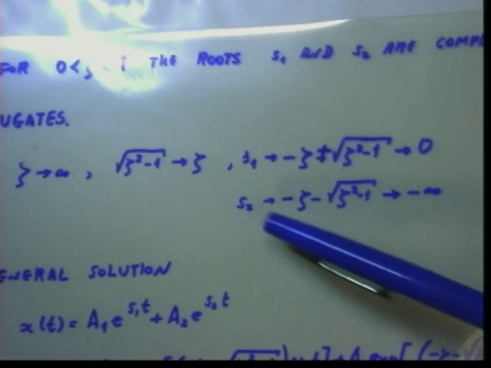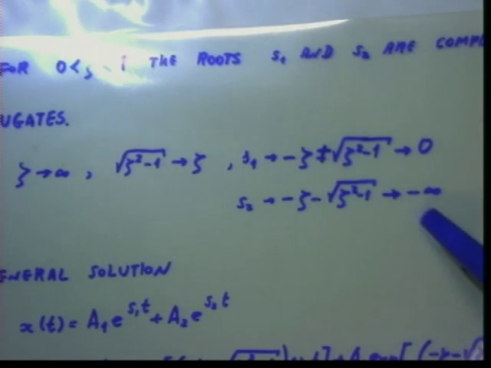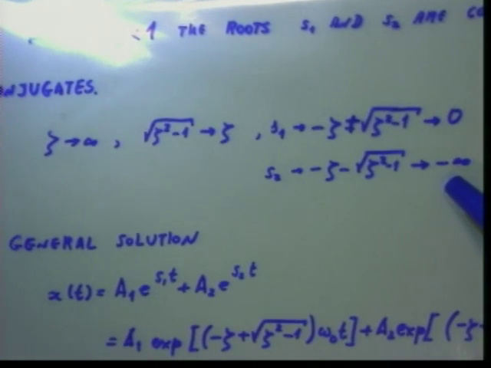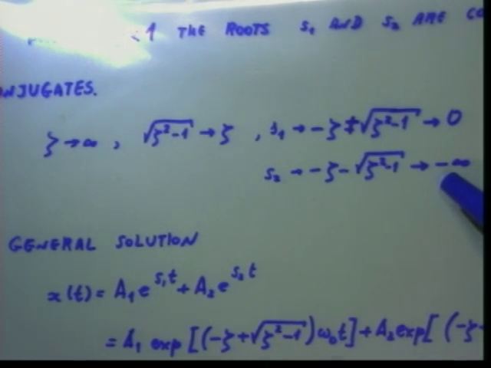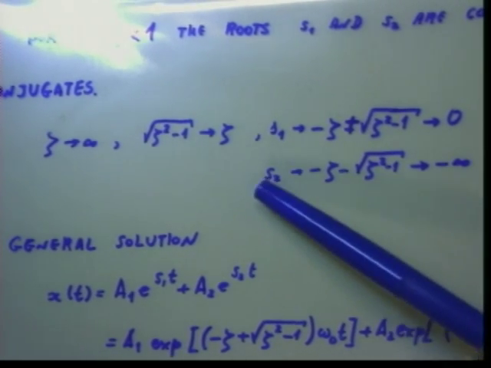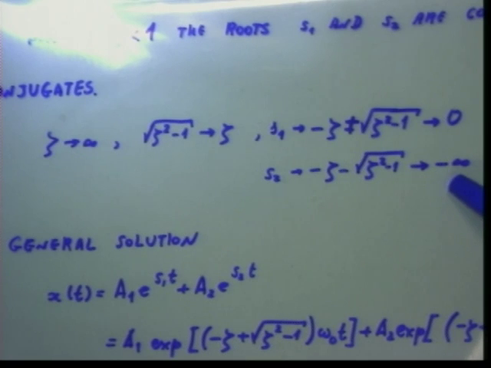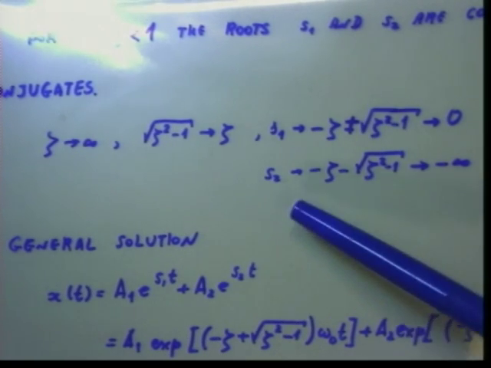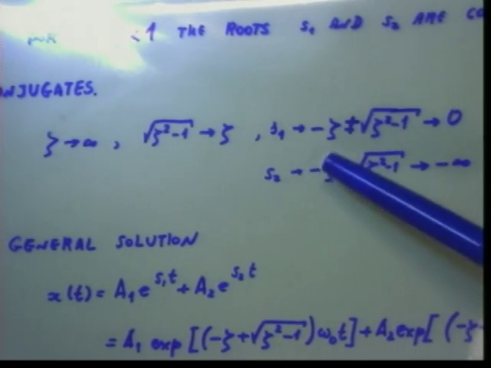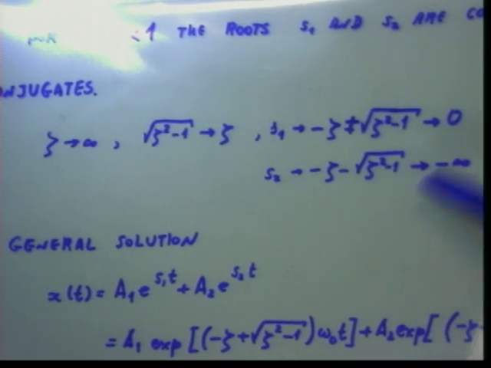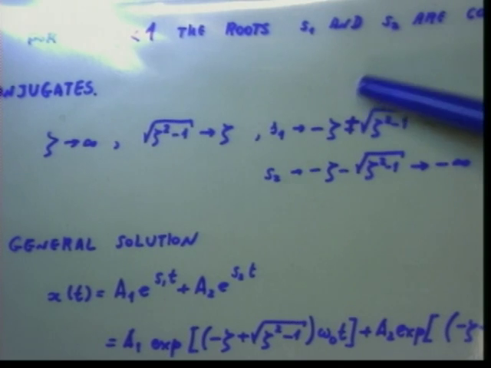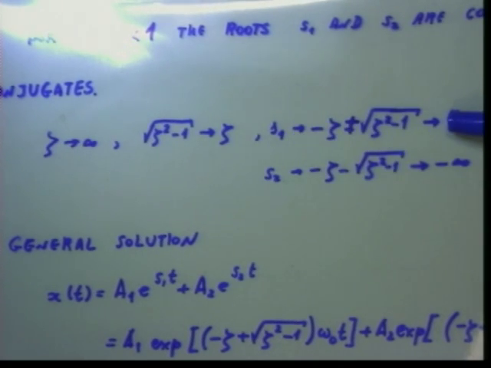Then s1 goes to 0 and s2 goes to minus infinity. That means the solution decays, because e to the power s2 t, that is e to the power minus infinity times time, is 0. And the other one goes to 0 times t, or a constant.